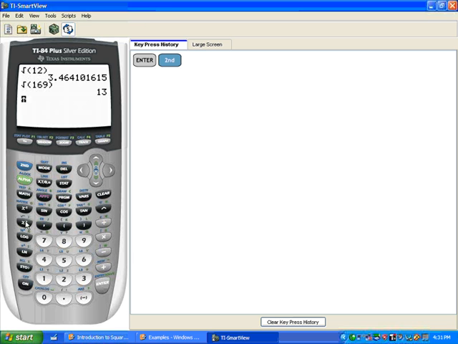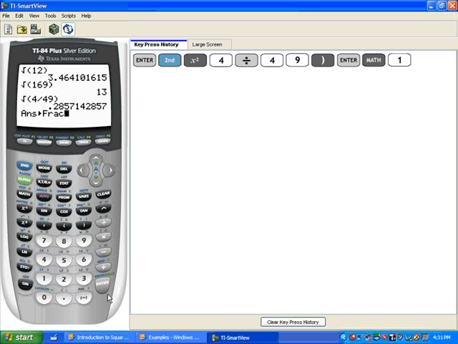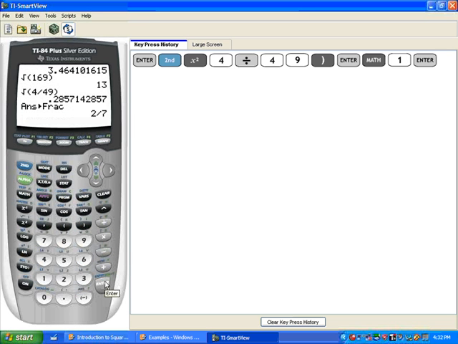If I take the square root of 4 over 49, I'm going to look to see if we can turn that into a fraction, and it is.